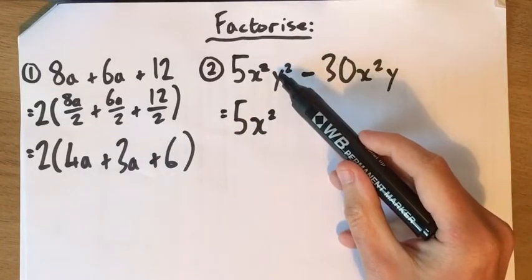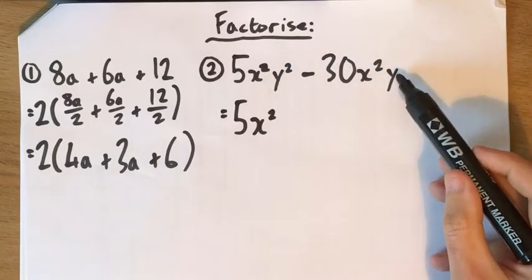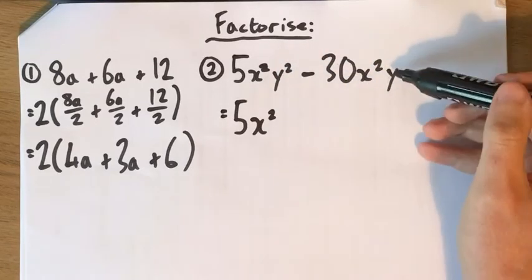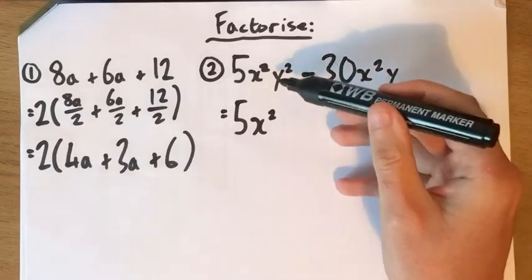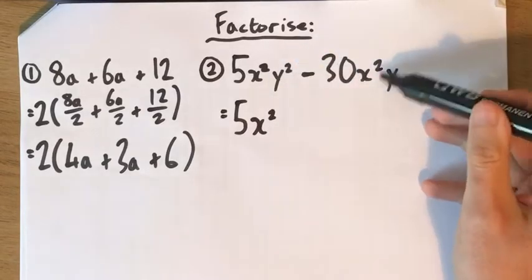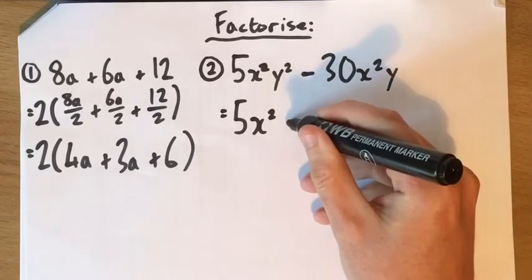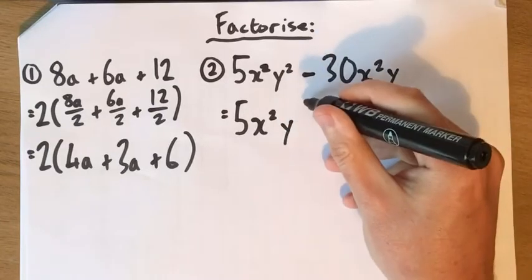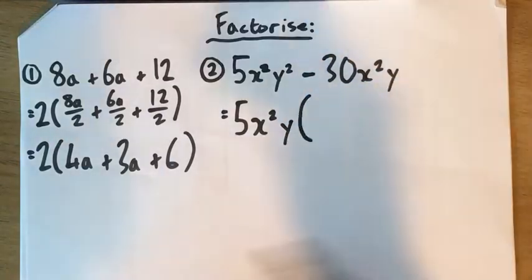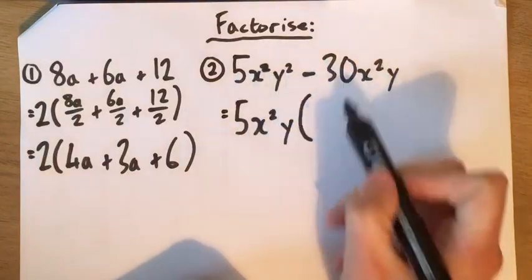And then you've got a y squared and just a y. So you can only factorize out y, or y to the power of 1. You can't factorize out the y squared because you don't have enough here. So just y. Whatever you take outside the bracket, you need to divide both of these by it.